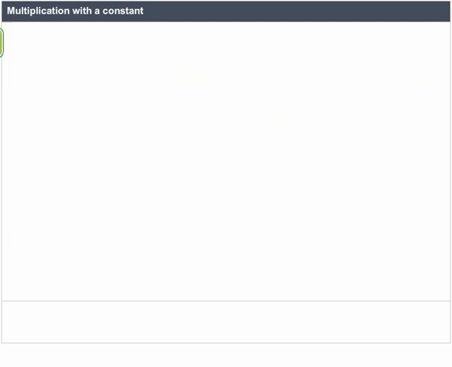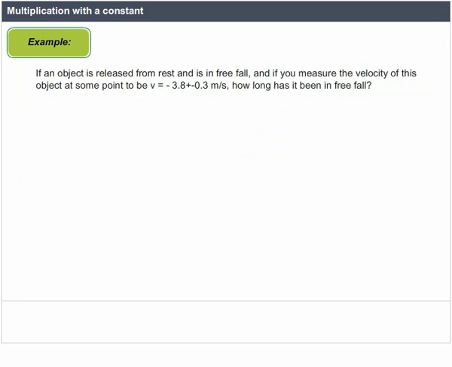Example. If an object is released from rest and is in free fall, and if you measure the velocity of this object at some point to be v equal to minus 3.8 plus or minus 0.3 meter per second, how long has it been in free fall? Answer.